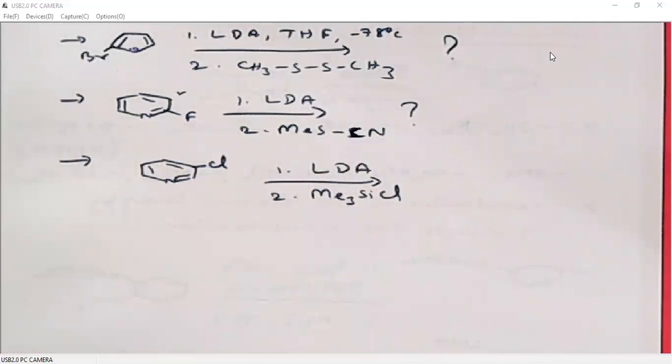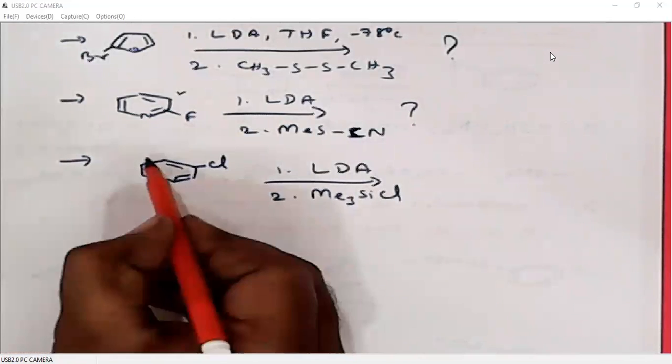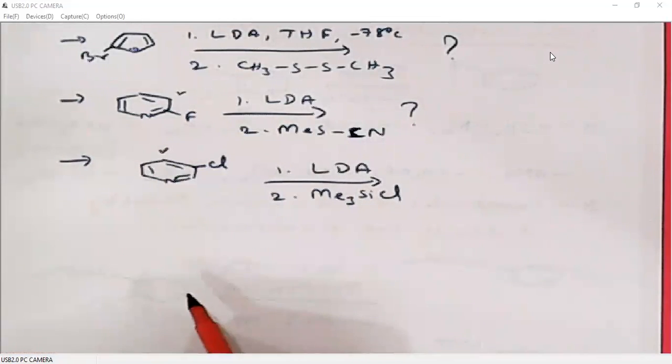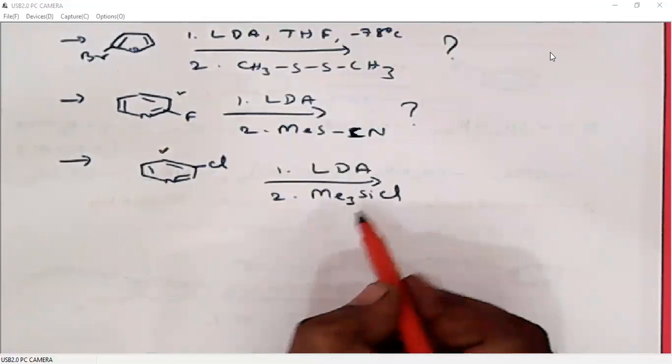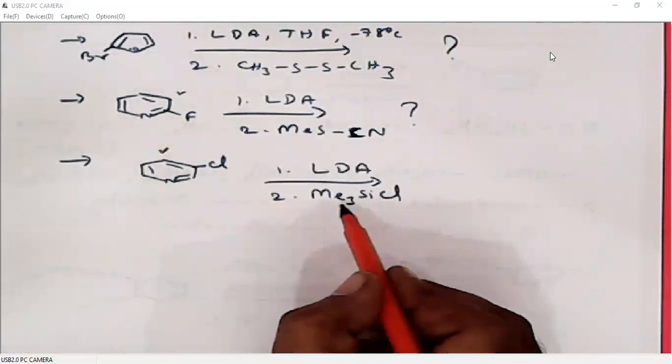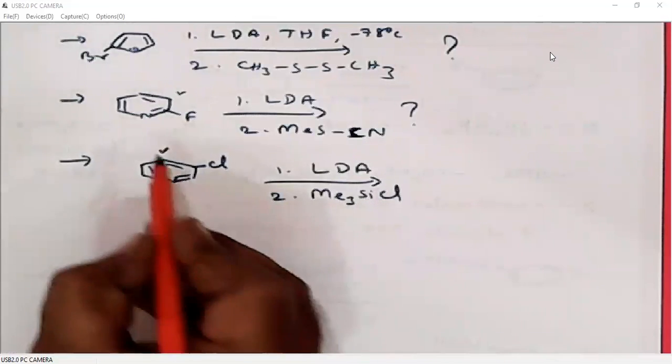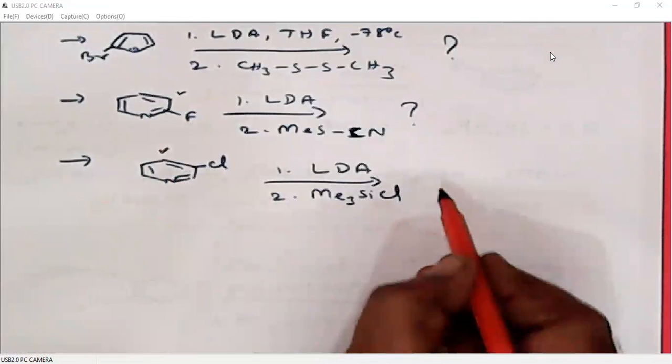In this case, anion will be generated here. Chlorine is a good leaving group. So the trimethylsilane group will be added here. So you write the product.